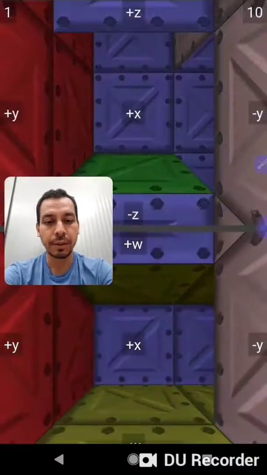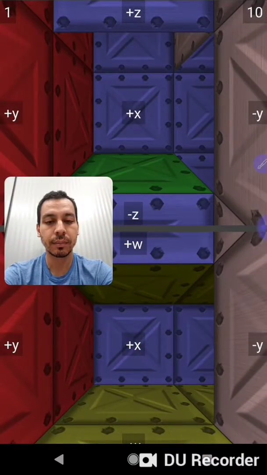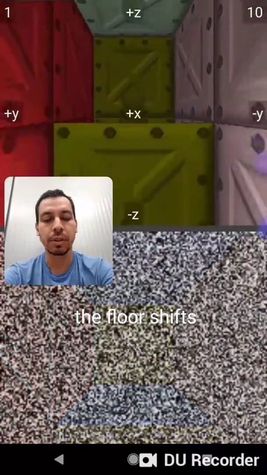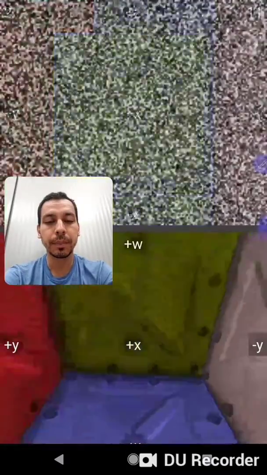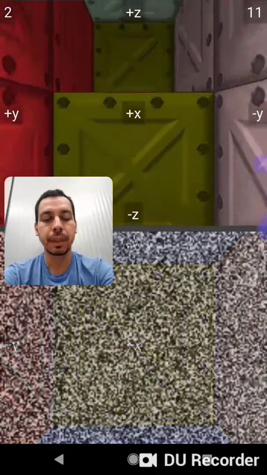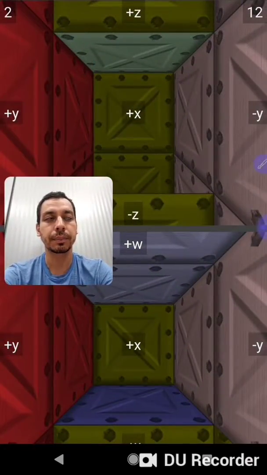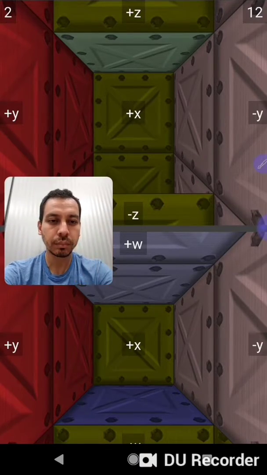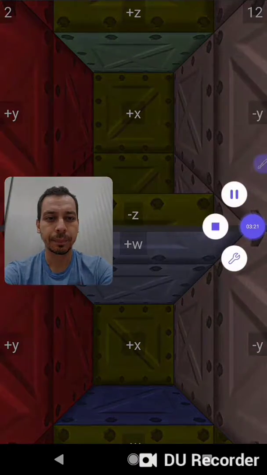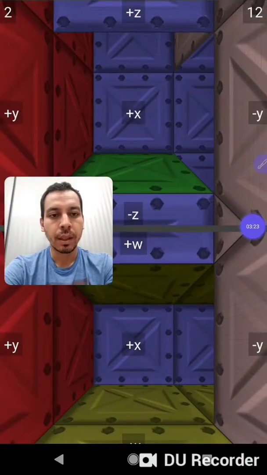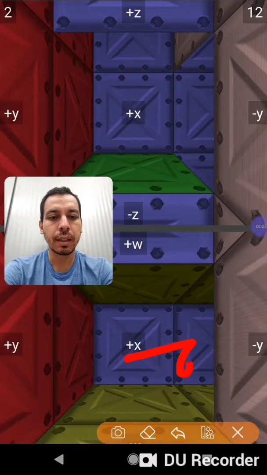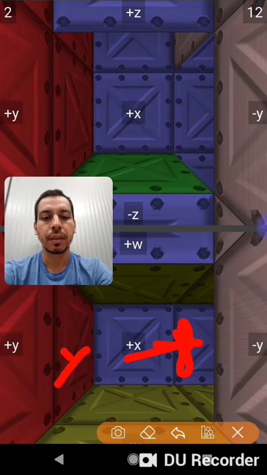And now the walls have shifted, and now the floor is gone, right? Watch this. Right here we have a floor, and there's the dark yellow wall right here. The floor is gone and the wall is gone. And now we know that we are in the back side of the room, because that's the front, and the dark red is the back.